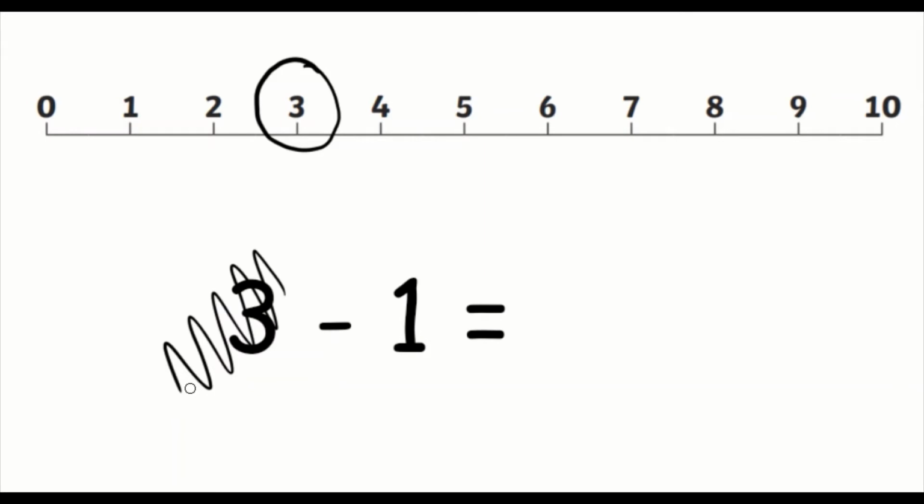I'm going to do 1 jump towards the smaller numbers. The number that you land on is your answer. So 3 subtract 1 is equal to 2.